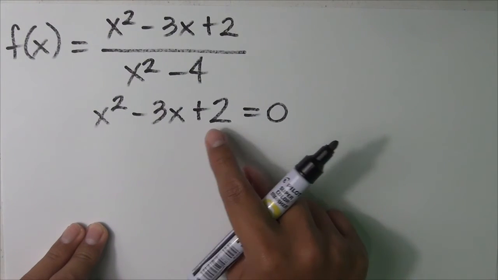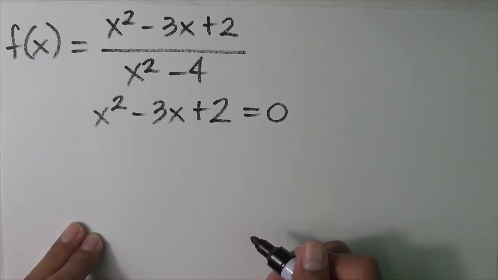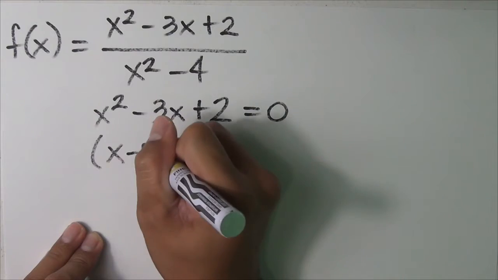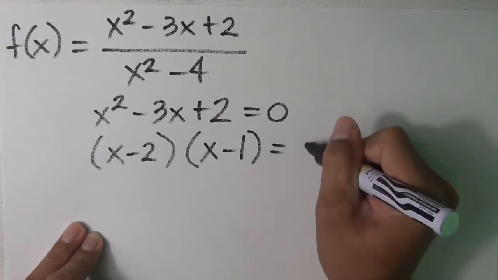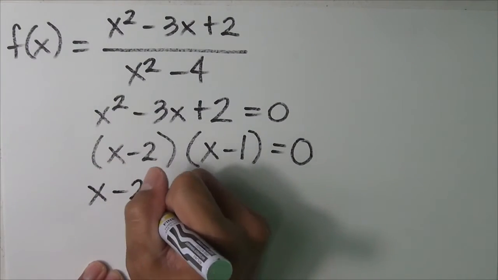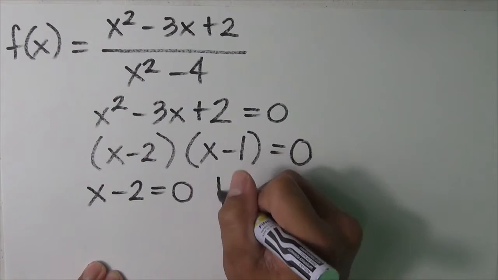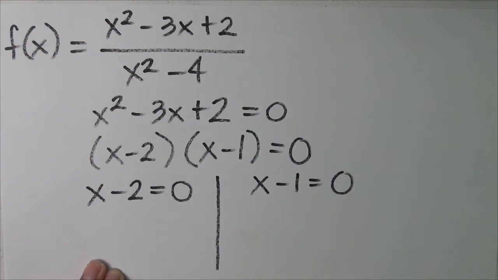The factors of x squared minus 3x plus 2 are x minus 2 and x minus 1, equals 0. So it will become x minus 2 equals 0, and x minus 1 equals 0. And we will solve for x.